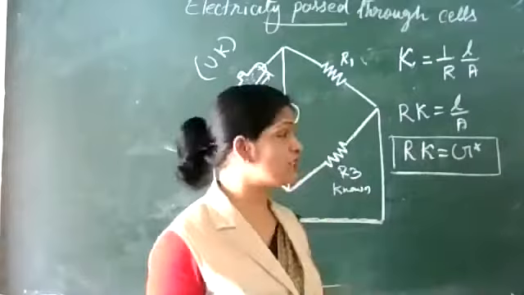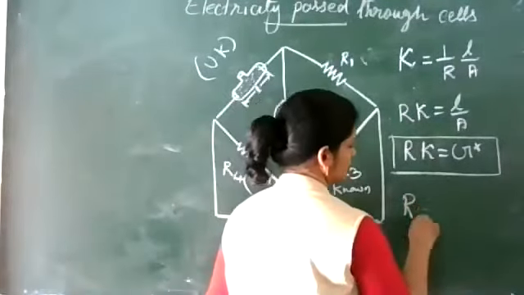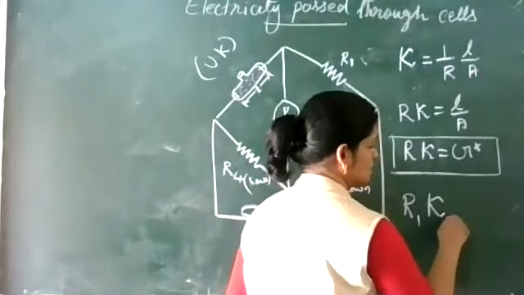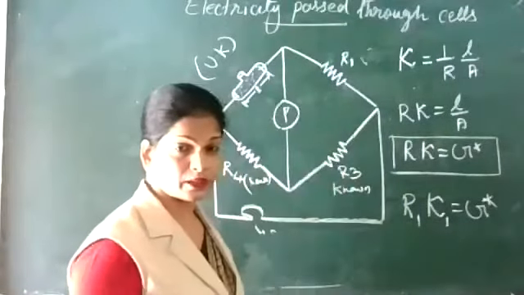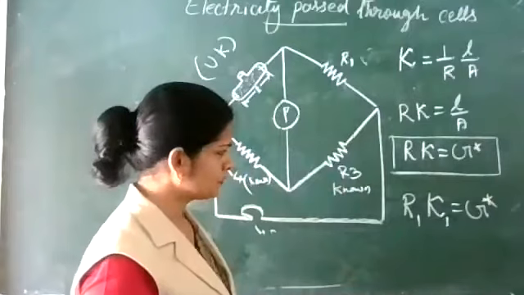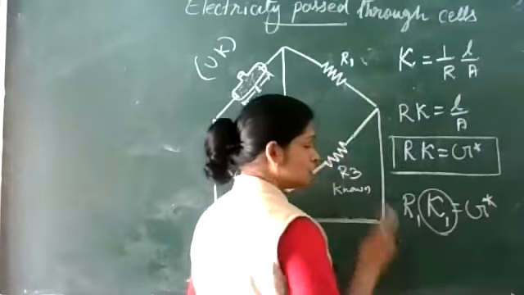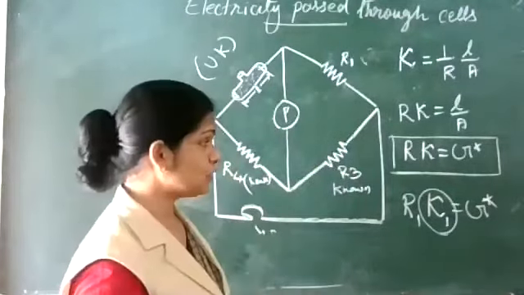Using this G star, you will be finding out the unknown solution's kappa for a particular cell, a particular glass. This is the unknown kappa. So twice we will be finding out the resistance.